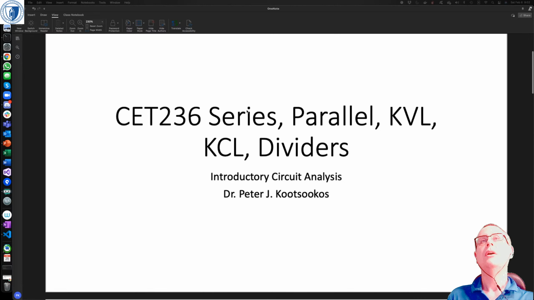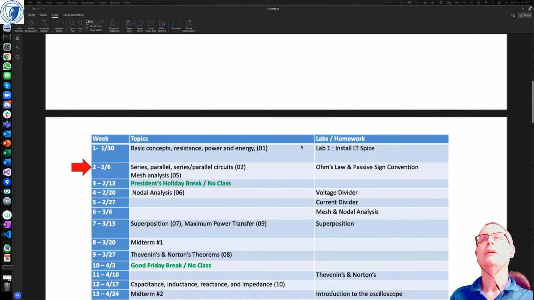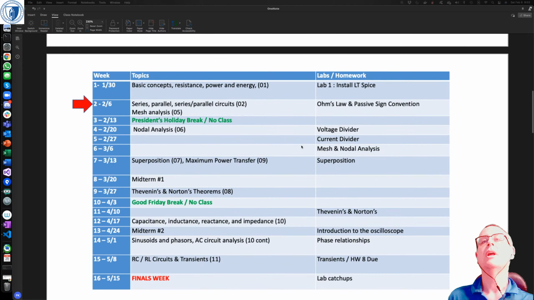So where are we? Well, we're in week 2, and last week we talked about some base power, energy, material properties that lead to resistance and how resistance changes with temperature. I need to do a few more pieces of the tutorial that we started last week, so we're going to do some of that today.